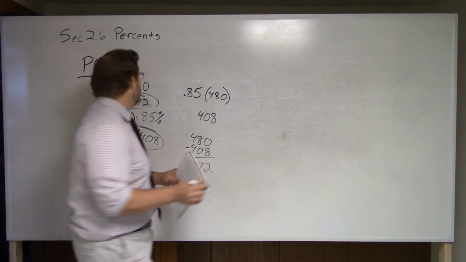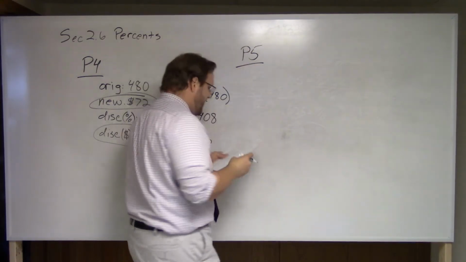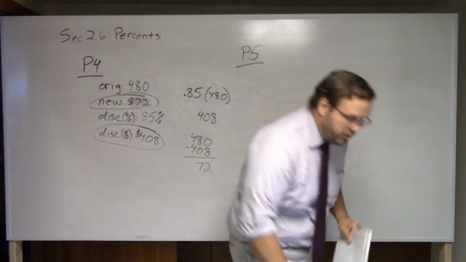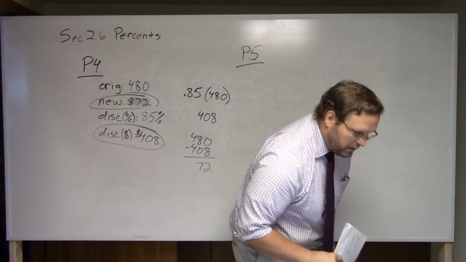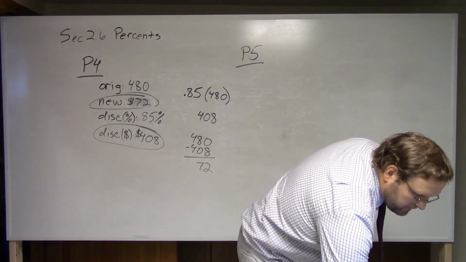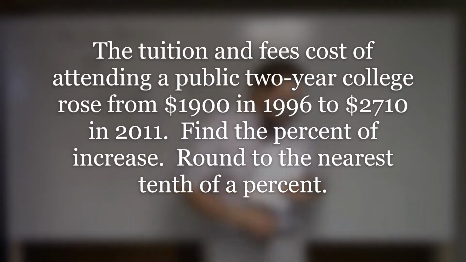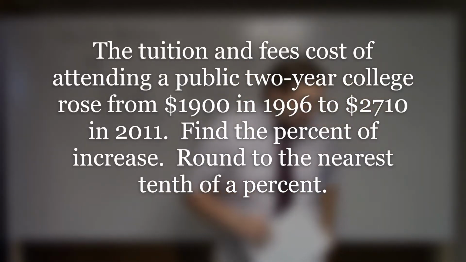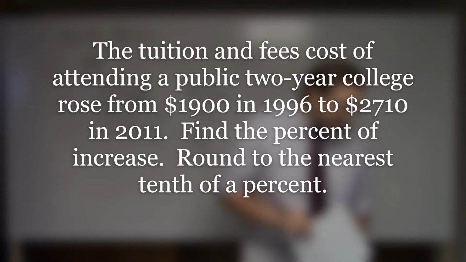Okay? So now let's go to practice 5. That is found on page 132. Okay, practice 5 says, the tuition and fees cost of attending a public 2-year college rose from $1,900 in 1996 to $2,710 in 2011.